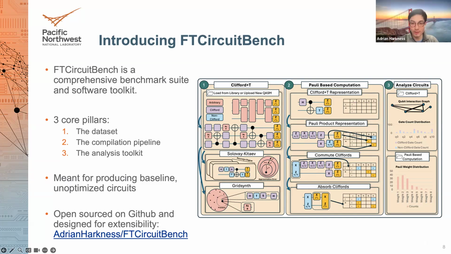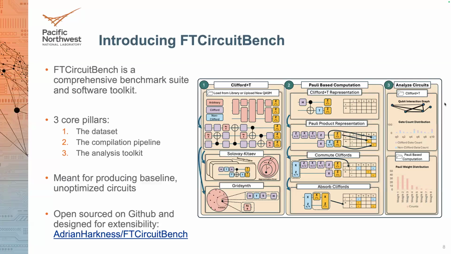This is actually maybe a good time for some questions. There's another hand raised too. Yeah. Hi. I was wondering what's the end result of the compiler you include in FTCircuitBench? What are you benchmarking? What's the end representation? Is it physical circuit, logical circuit, instruction? It's a logical circuit.